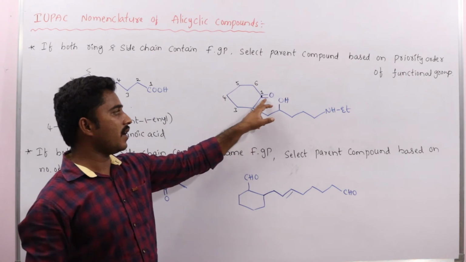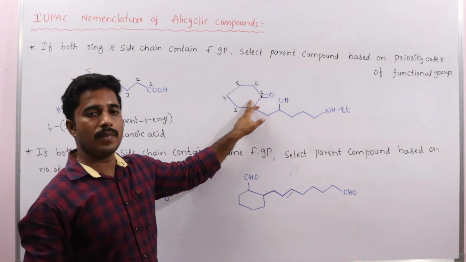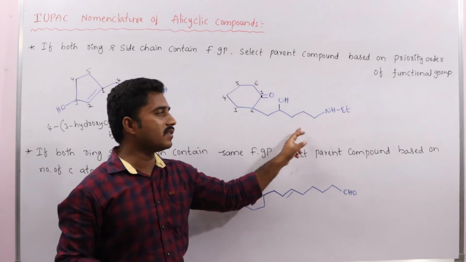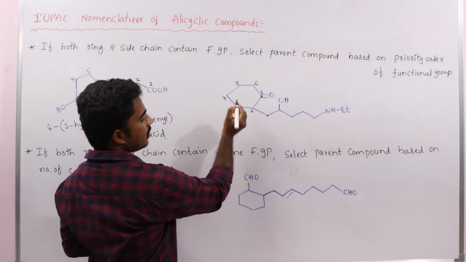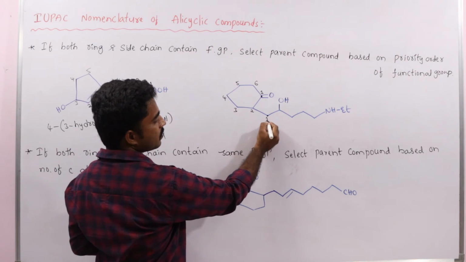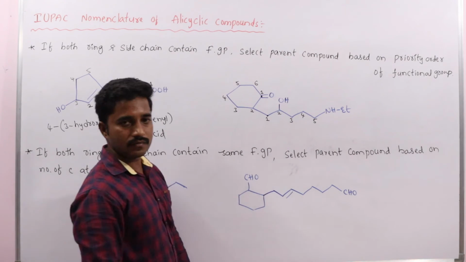Okay, the highest priority group is present in the ring. That's why in this molecule, the ring is the parent compound and the side chain is a substituent. The carbon of the side chain which is bonded to the parent compound is numbered as 1, then 2, here 3, here 4, here 5.